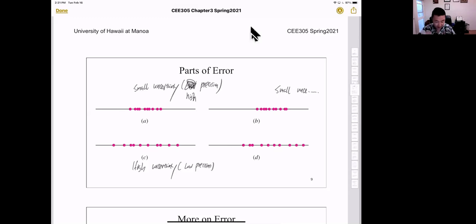And so does case D. Case D also has high uncertainty and a low precision.